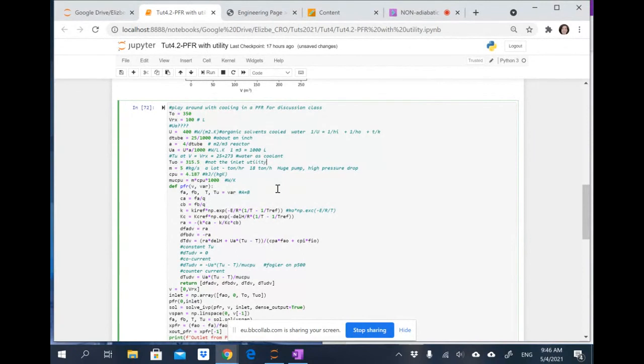It is the temperature of the utility where T naught is equal to 350 in this case. It is 350 Kelvin. So where the reactant is set. Capiche? Okay, so let's see, stop sharing the screen.